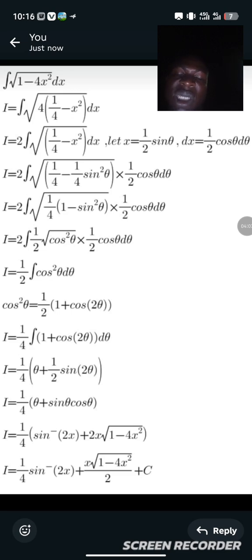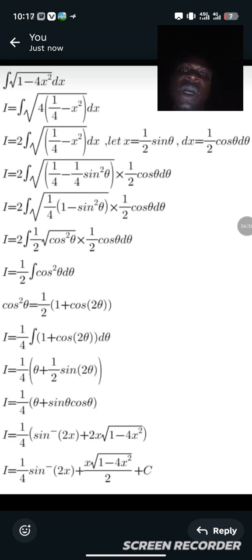So we integrate it one by one. We are going to have I equals 1 over 4 into theta plus 1 over 2 sine 2 theta. Then using trigonometric ratio, sine 2 theta is the same thing as 2 sine theta cos theta. Then 2 sine theta cos theta times 1 over 2 gives us sine theta cos theta. That's why we have I equals 1 over 4 into theta plus sine theta cos theta.